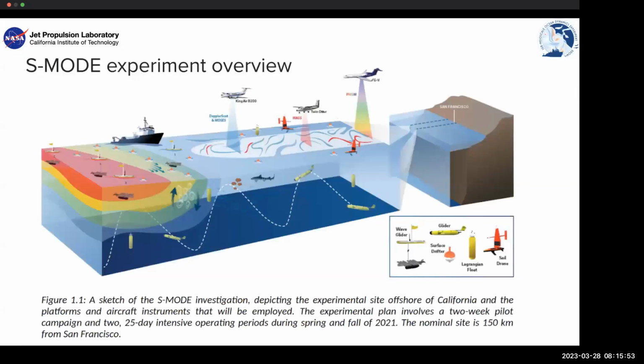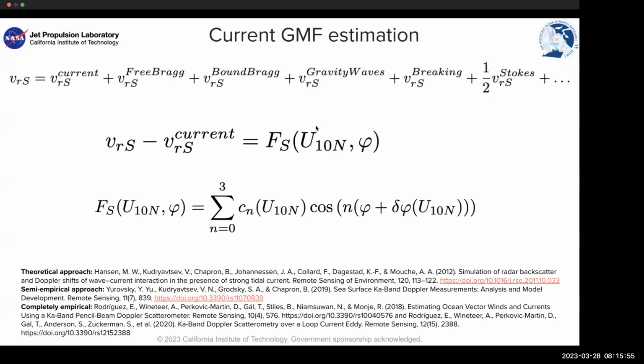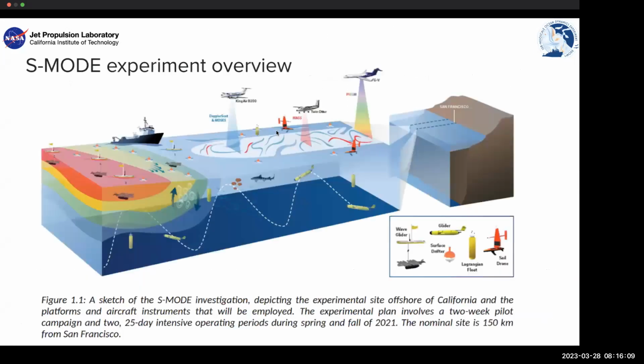As with any purely empirical approach, it only works as well as you have data for it. And initially we had some guesses about this, but the ESMO campaign has been really a boon for trying to understand what that empirical function should be. The ESMO campaign is a very large-scale campaign.